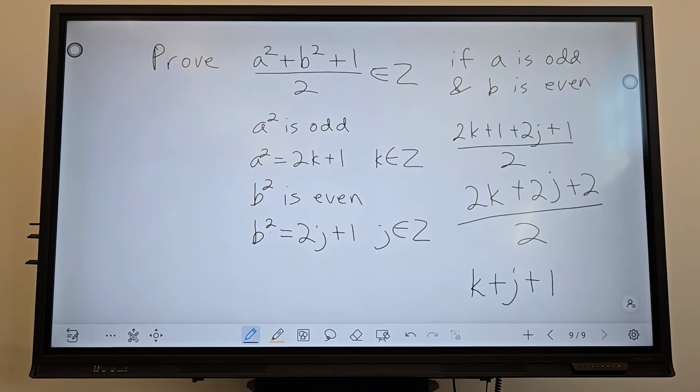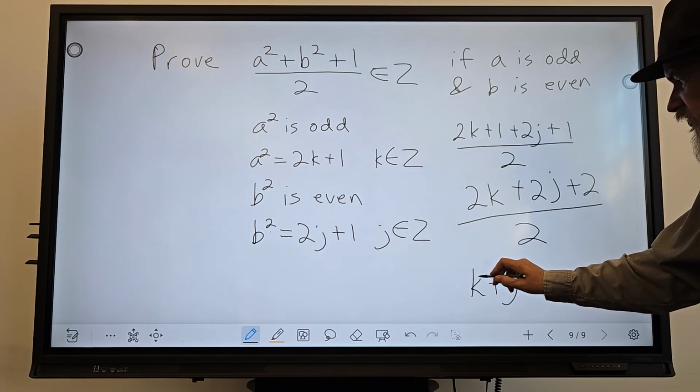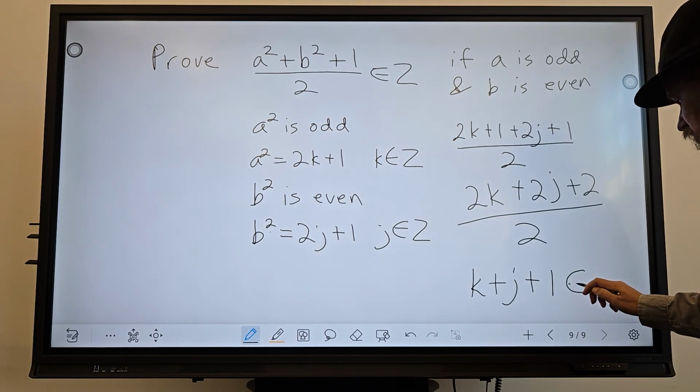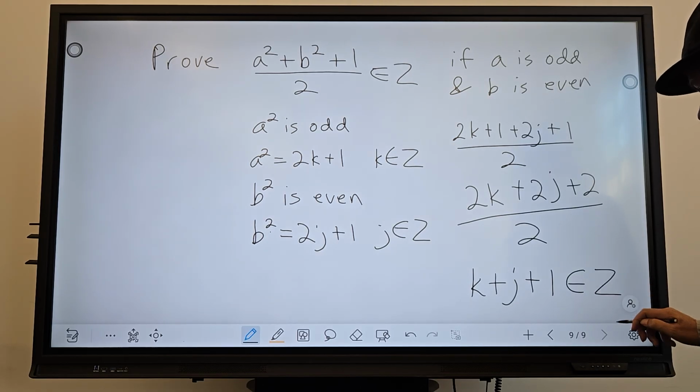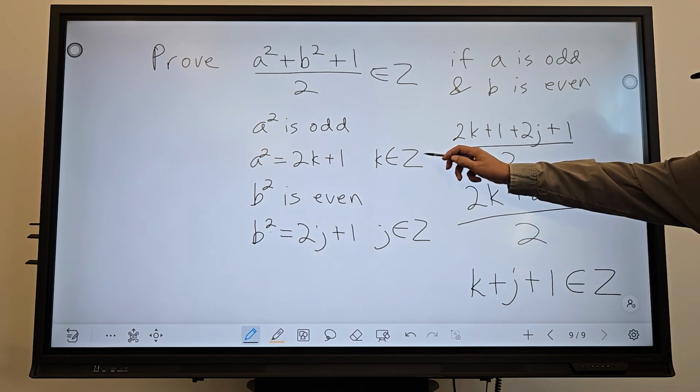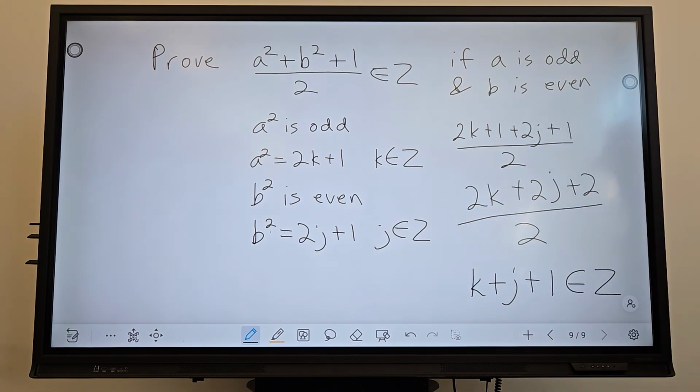Oh, okay. And so this is because the integers are closed under addition. j and k are both integers. 1 is an integer, so therefore the expression is an integer.